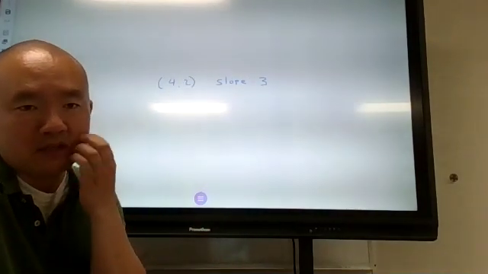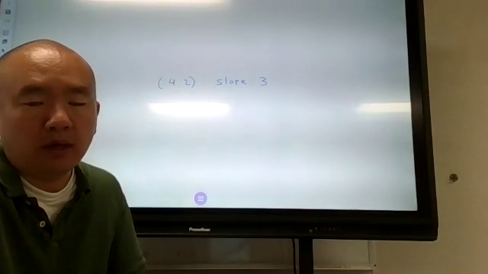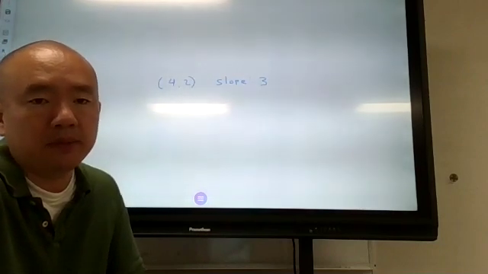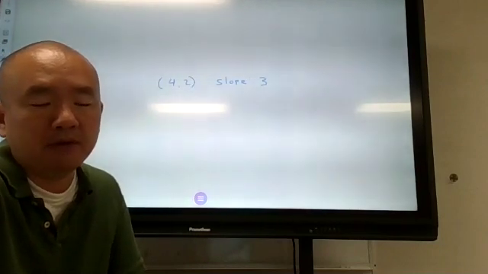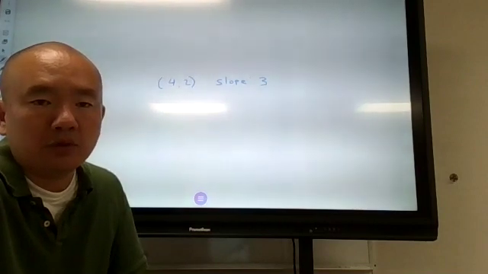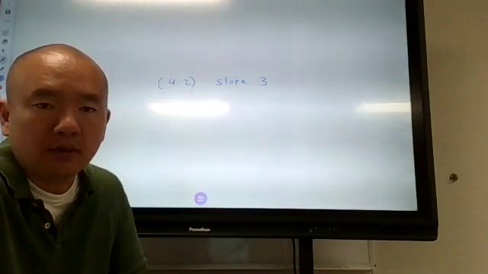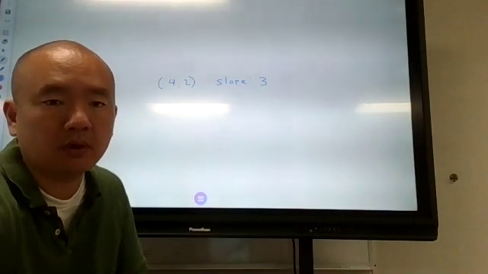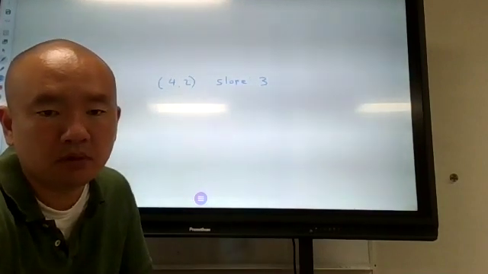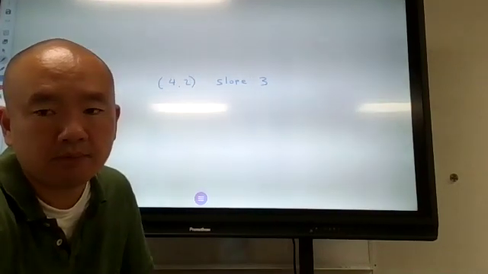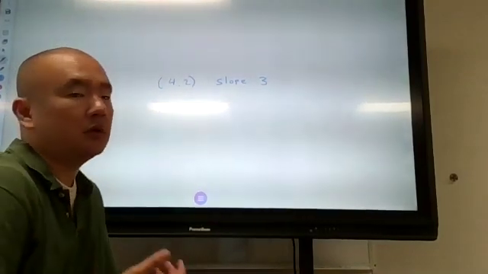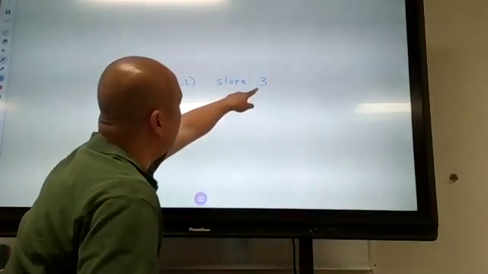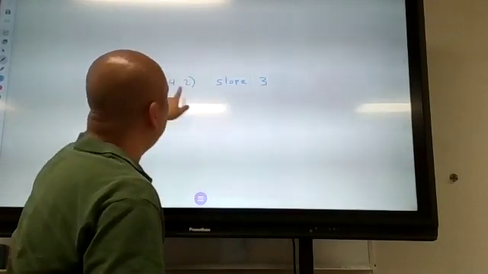In number 5, it says graph the line that passes through 3, 1, and is parallel to a line whose slope is negative 0.5. You have to remember that when two lines are parallel, they have the same slope. So if it's parallel to this line, it's going to have the same slope, and you have a point here.